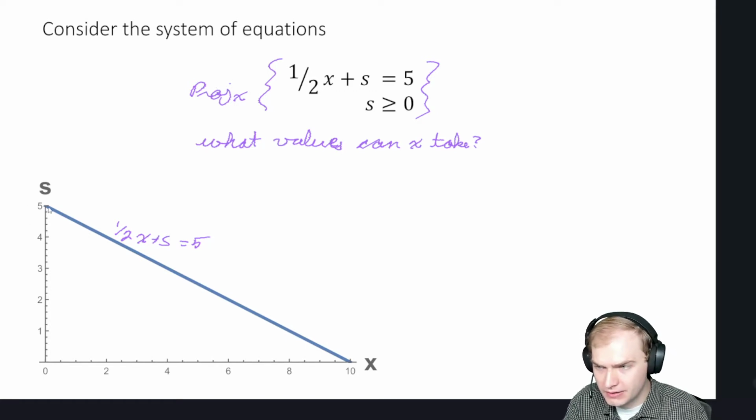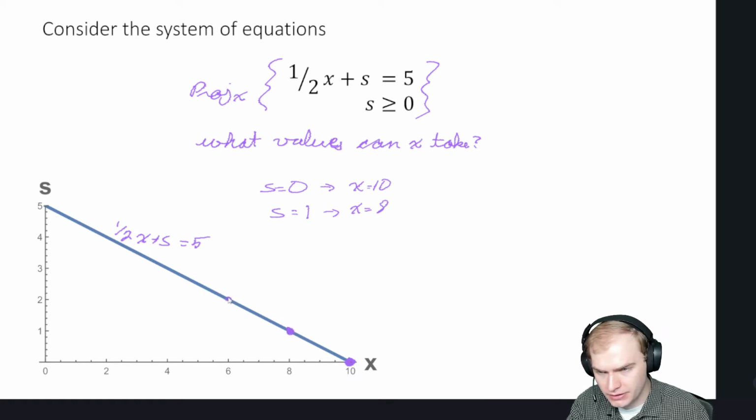So it must be that x and s are on this line, and s has to be greater than or equal to 0. When s equals 0, we get x equals 10. We get this point. And if we pick any value of s that's bigger, we get some other value of x. In fact, we get this line going backwards.